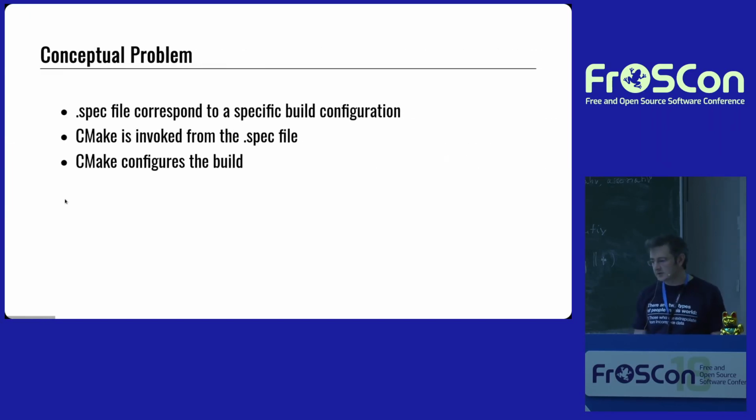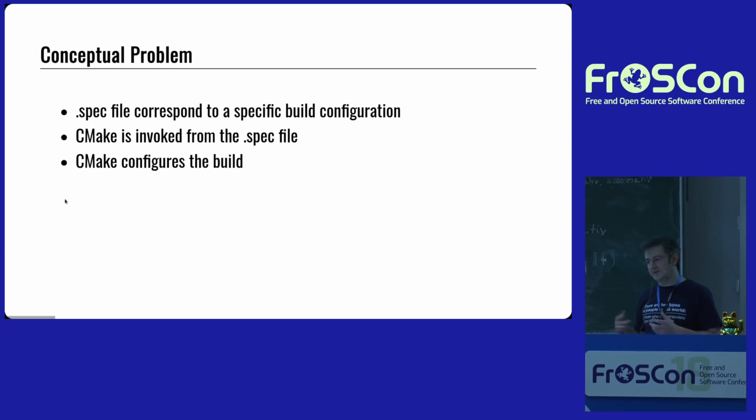We used to build RPMs the traditional way, using spec files and rpmbuild. And the problem is that the spec file lists all the sub-packages that have to be built, what files go into what sub-package, and it tells how to invoke CMake. Then rpmbuild invokes CMake. CMake does its thing, determines the system configuration, what components have to be built, what files go where.